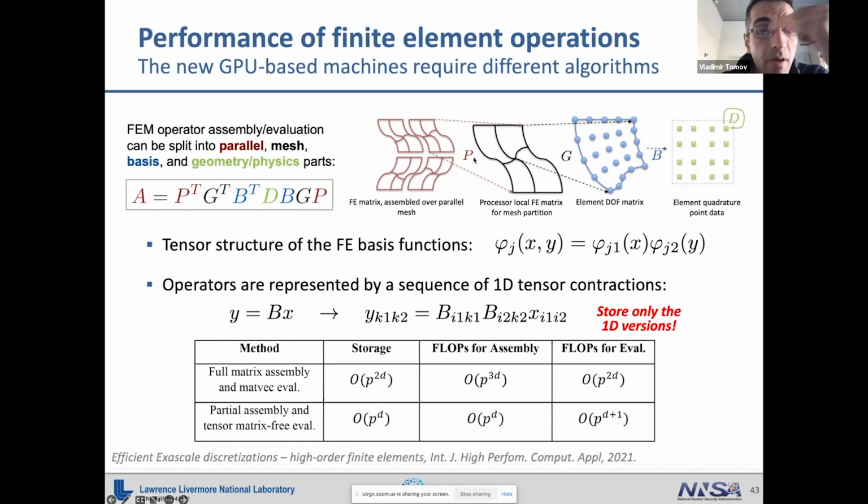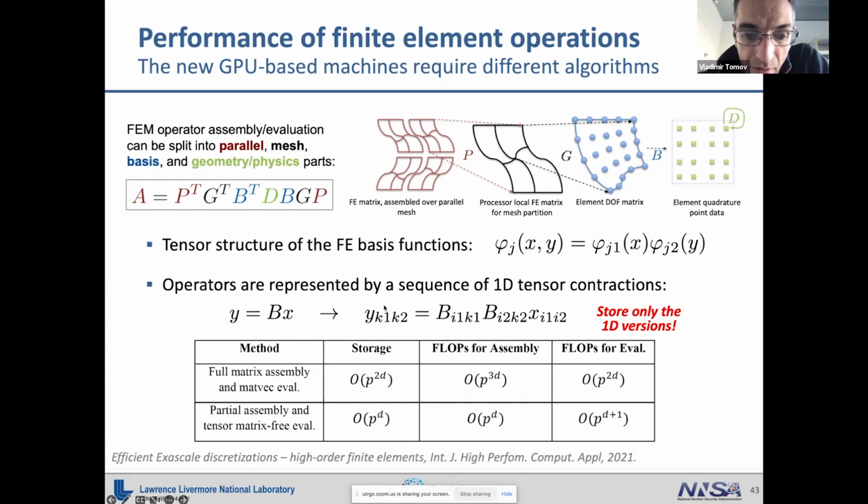So with this, one can actually only store the data needed for D and apply this on the fly every time. So this does not need a sparse matrix. The other thing is that for some elements, quads and hexes, they have tensor structure. So the evaluation of the basis function can be decomposed into 1D basis function evaluations.